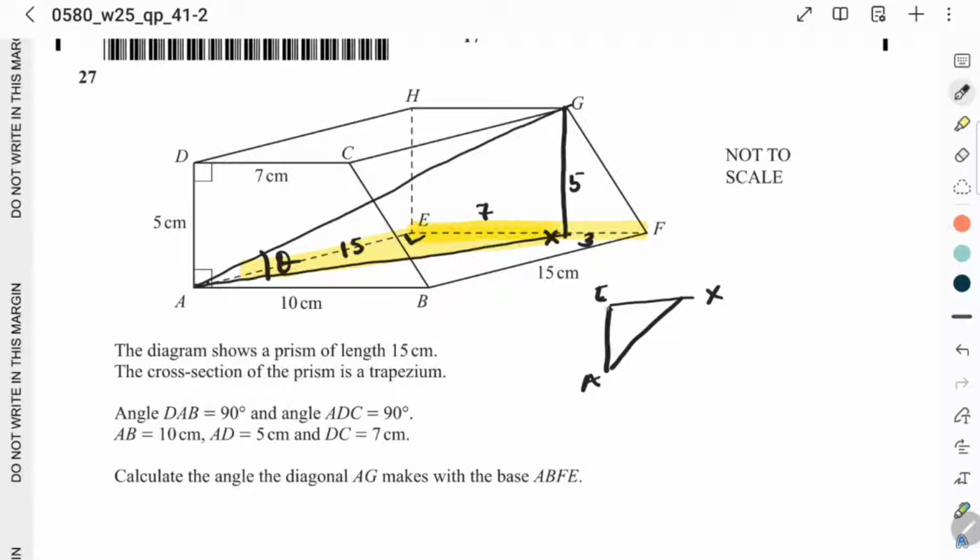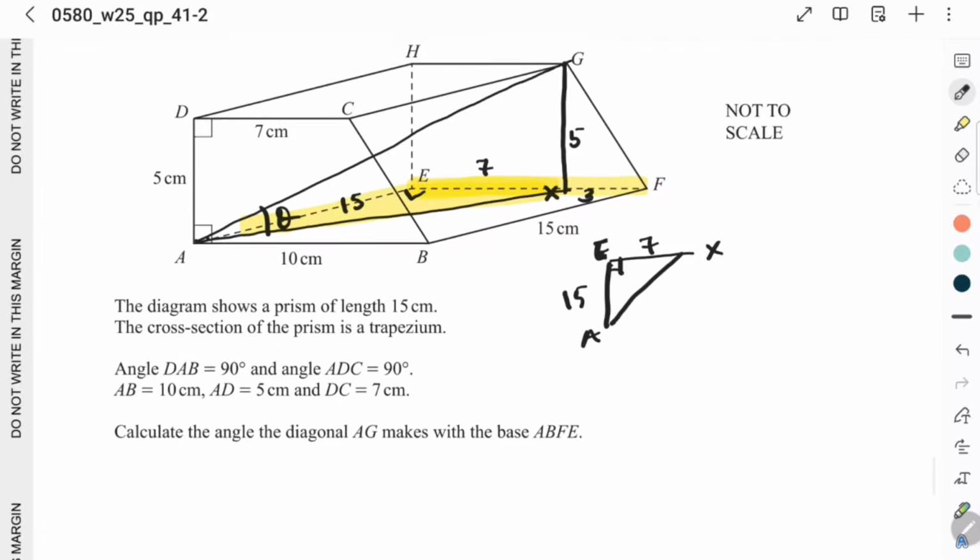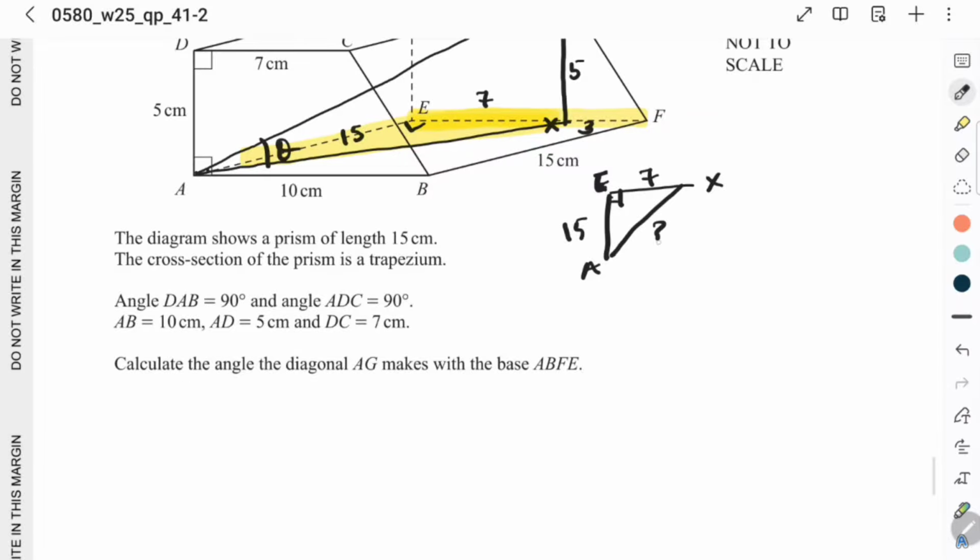We are just finding out that AE is 15 and E is 90 degrees and it is 7. So AX square is required. We are finding out this much. So AX square is equal to 15 square plus 7 square.